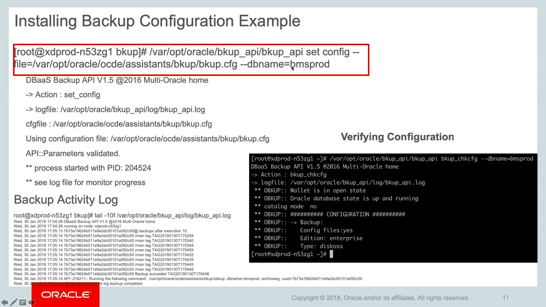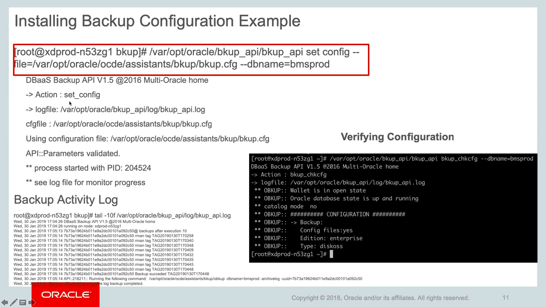In my case, the database name is BMS prod, and I'm going to set this backup on this database. Once you execute this command, it will provide you a bit of logging here. You can see the DBaaS backup API version and that it is set config, and there is a log file associated with that.